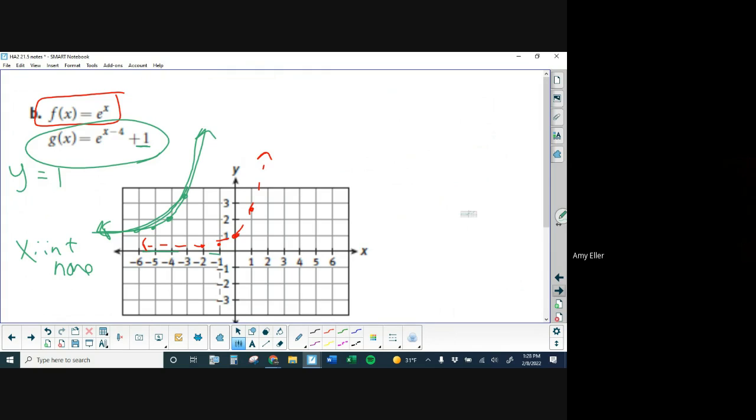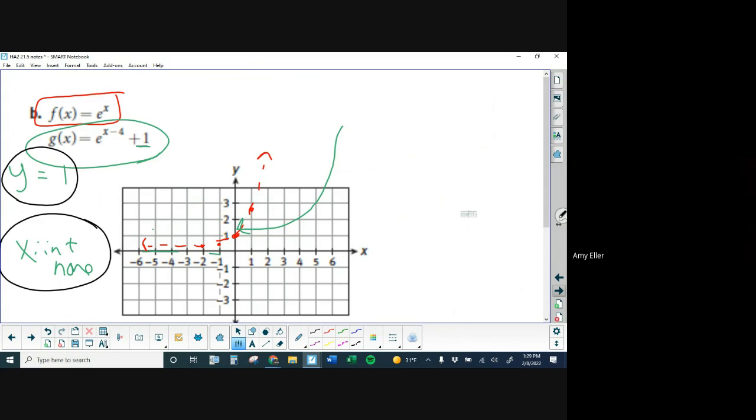Yep, I just realized that when you said it. Let's see if I can just slide it on over. Thank you. Yes, I did go the wrong way. So let me go 1, 2, 3, 4, 1. Thank you. These answers still remain the same. Still no x-intercept. Still the same asymptote.